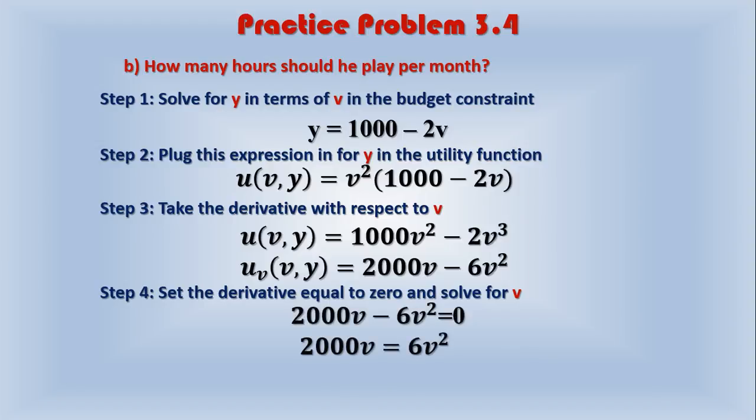So I just move that term to the right. I'm going to divide both sides by v there. Got rid of the square there, got rid of this v, and now divide both sides by 6. And the optimal amount of hours of gameplay for this person, given their preferences embodied by the utility function and the prices they face, is 333 hours, 0.33.